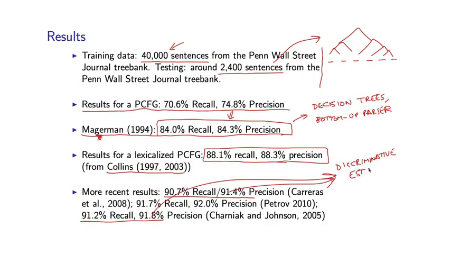And we'll see some of these methods later in the course when we see log linear models and conditional random fields and so on. And Petrov's method makes use of what are called latent variable PCFGs. But in both cases, there are close connections to lexicalized PCFGs, or certainly to PCFGs in this latter case.